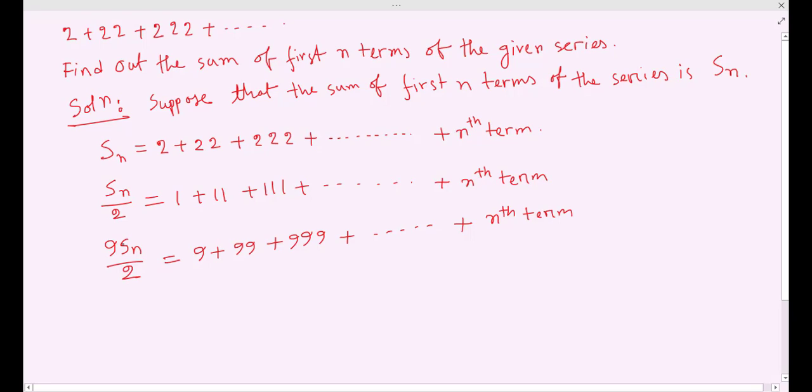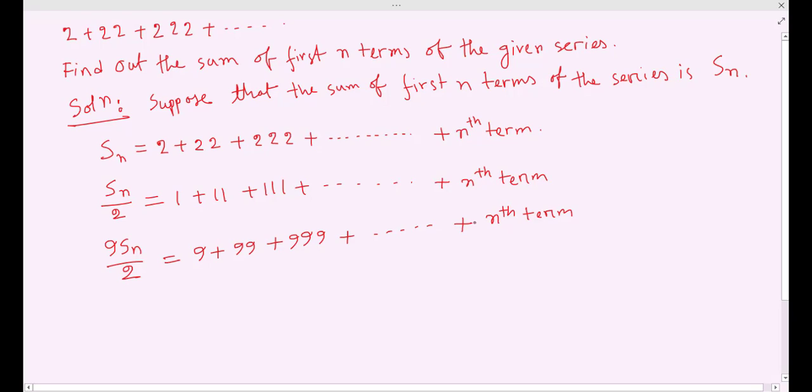So what we have done in these 3 steps is, first we have taken this sum as Sn. Then we have converted this sum into the form 1 plus 11 plus 111 like this, and then multiplying by 9 we have converted the series into the form 9 plus 99 plus 999 plus whatever the nth term is.